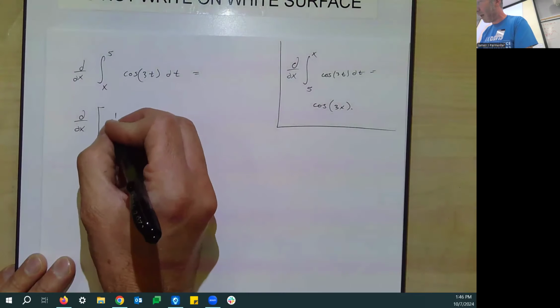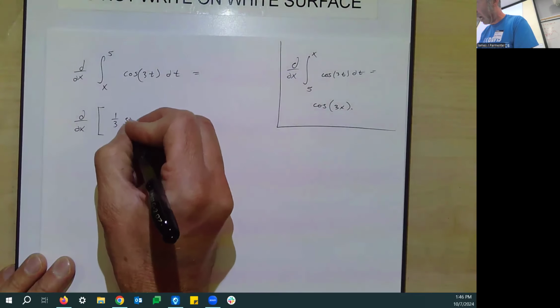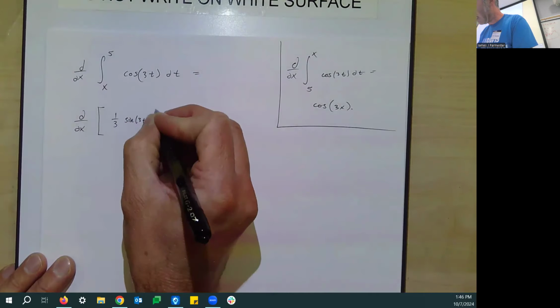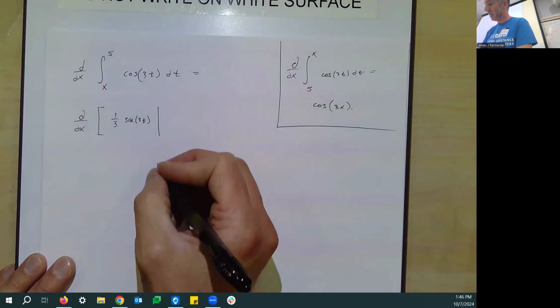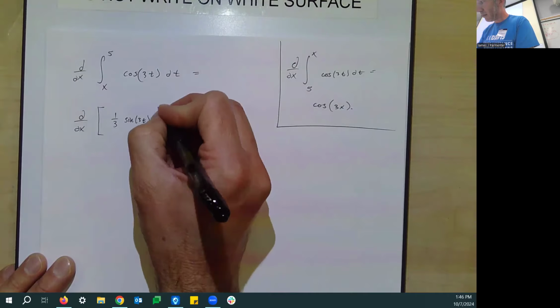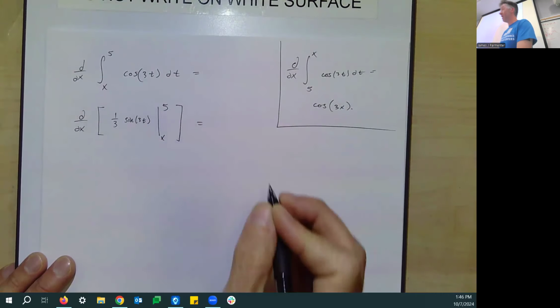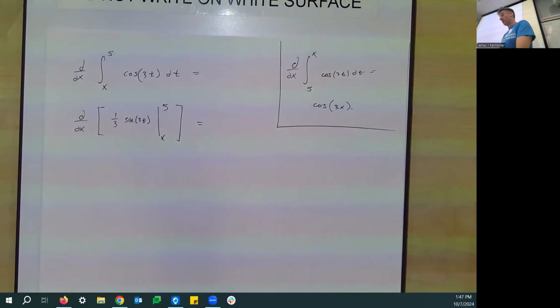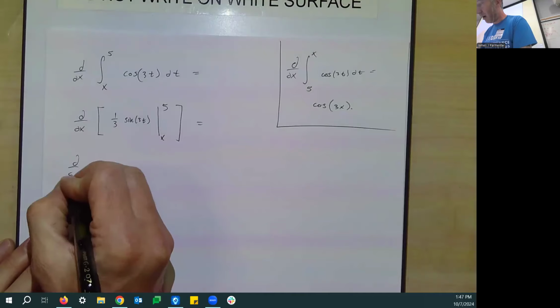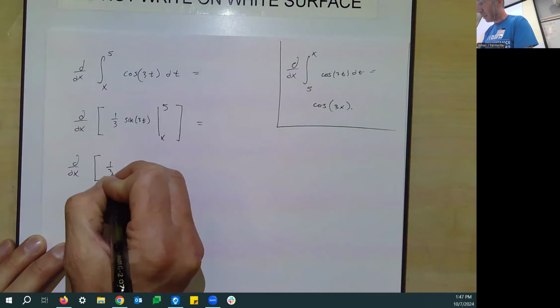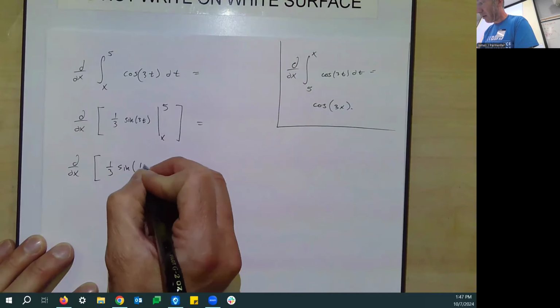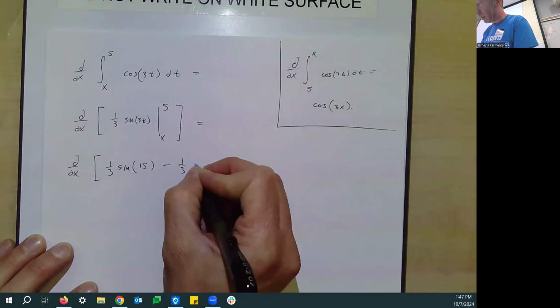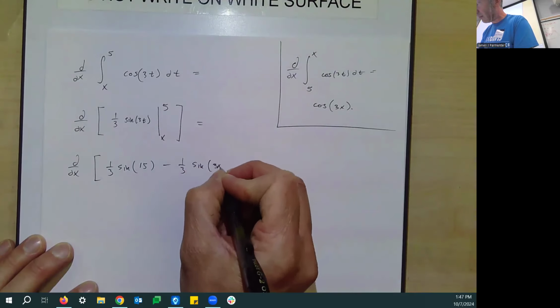So here we're going to get 1 over 3 times sine of 3t. That is the antiderivative of cosine of 3t. And now we're going to plug in top first, bottom second. So it's going to be the derivative of 1/3 sine of 3 times 5 minus 1/3 sine of 3 times x.